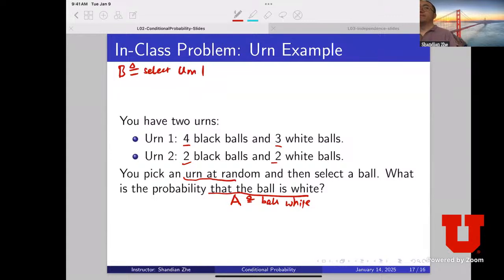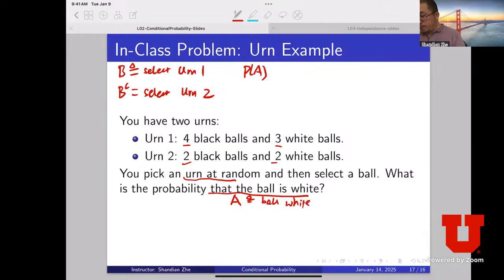And what is B complement? Yeah, you select urn 2. B complement means that you select urn 2. So we want to compute the probability of A.